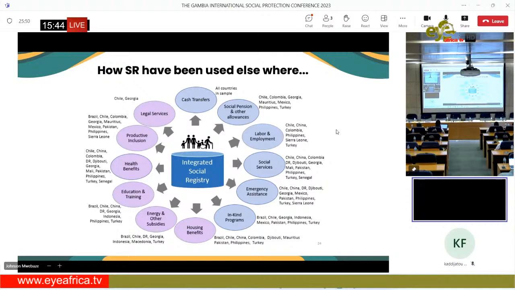So these are some case studies that you can reach out to and study to see how they've used social registries to support other services apart from social protection. There's an initiative, for example, in Ghana to support subsidies on electricity for the extreme poor. So you can see it goes beyond cash transfers and into other areas where governments would like to provide benefits for those they think are extremely poor.